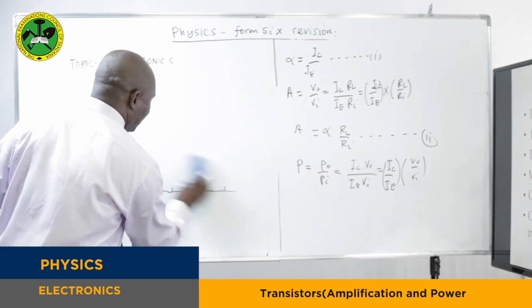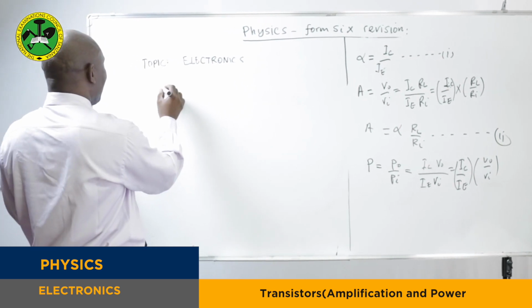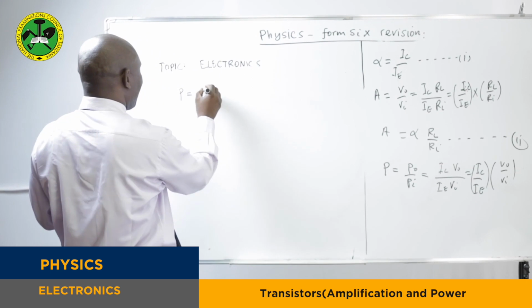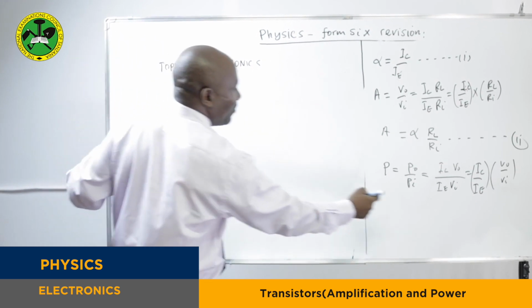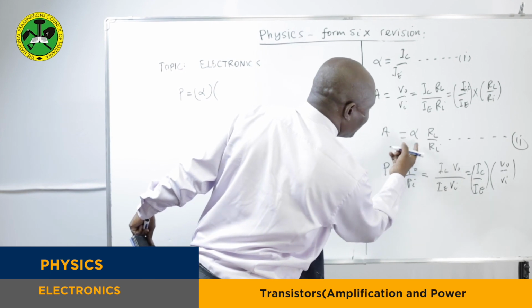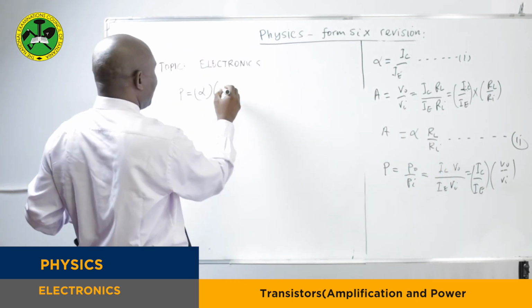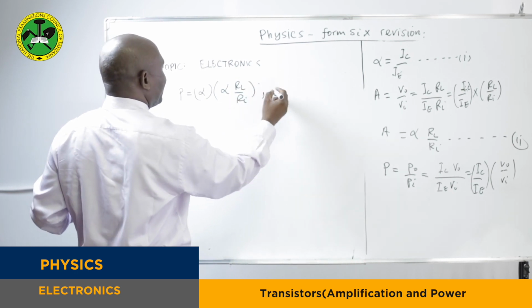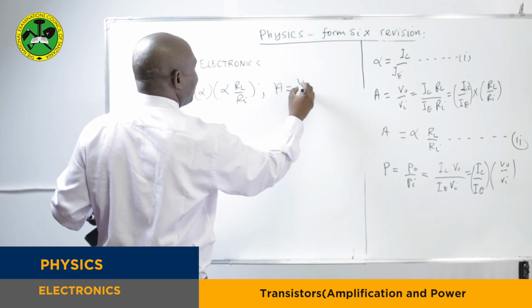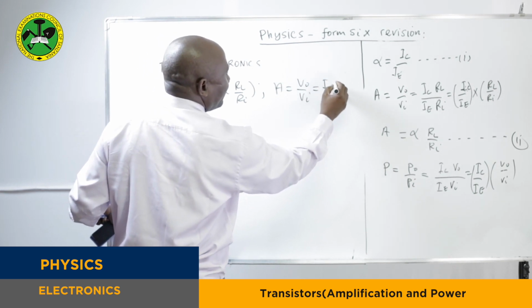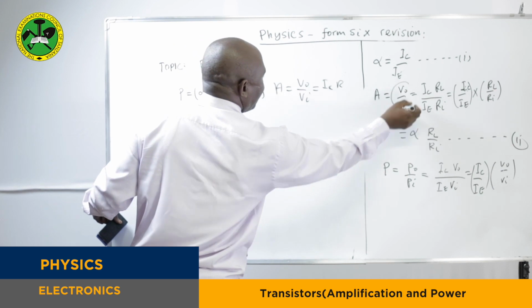If you simplify, the power gain of a transistor is given by the current gain, which is given as alpha, times our voltage gain, this ratio. This is given as the output voltage over input voltage, which is alpha RL over RI.